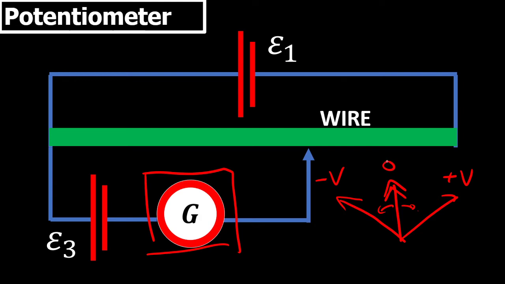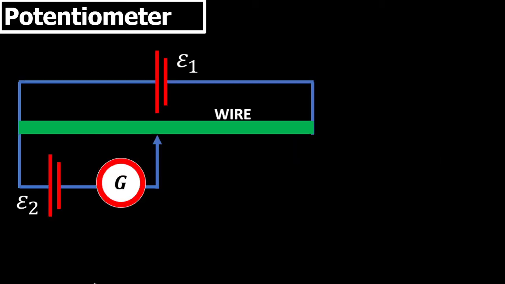Now, if you look at the circuit, it's much like the potential divider. The difference is there's an extra power supply. So let's look at the principle behind this potentiometer. This potentiometer is checking whether or not the voltages are the same.